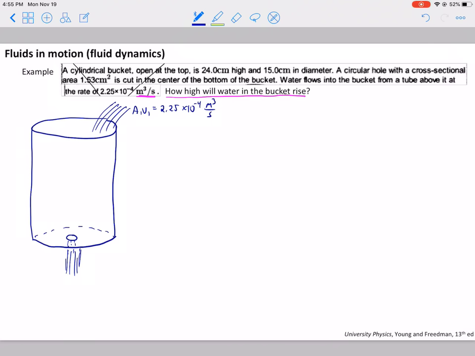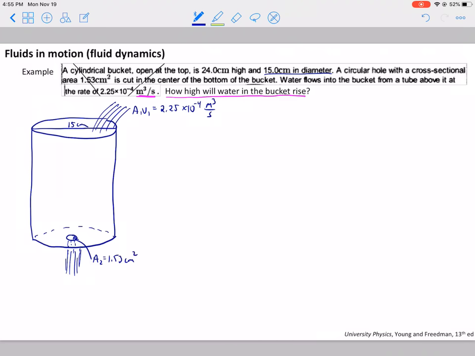We know the diameter at the top. This diameter all the way across is 15 centimeters. And then the little diameter at the bottom, nope, they gave us the area. So A2 is 1.53 centimeters squared. And we want to find the height of the water.